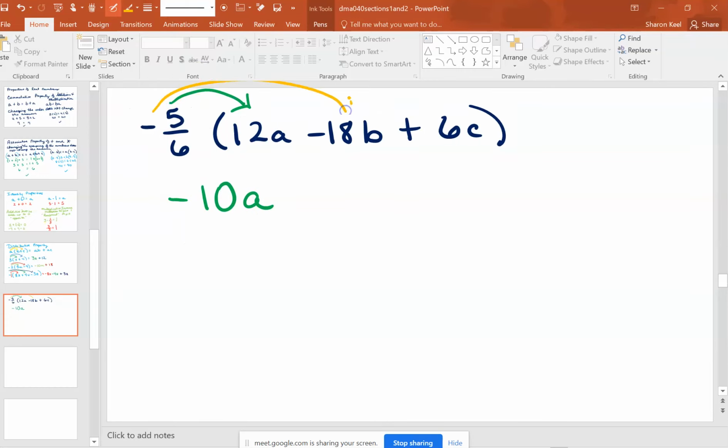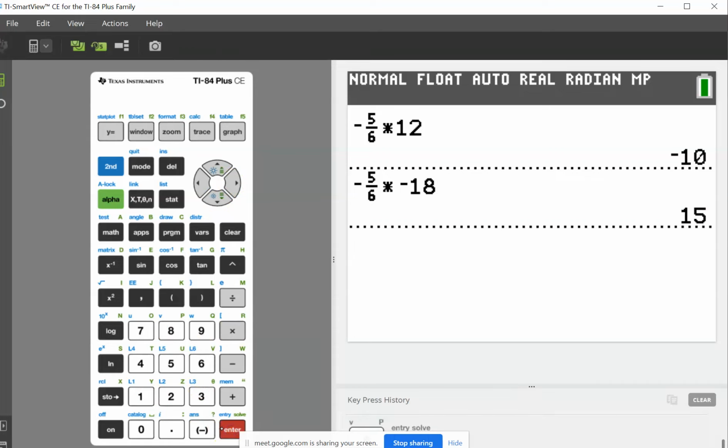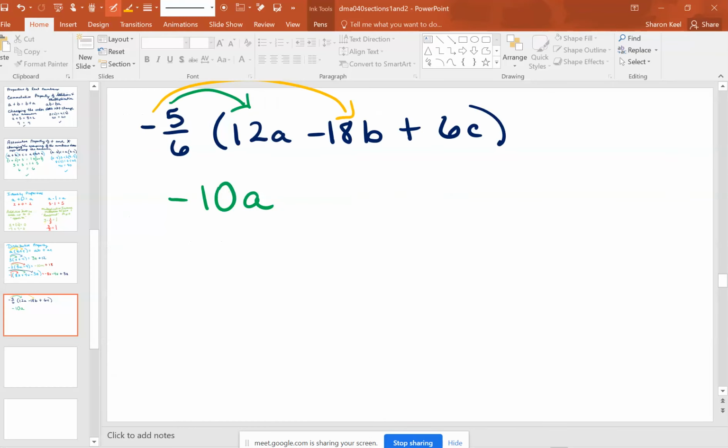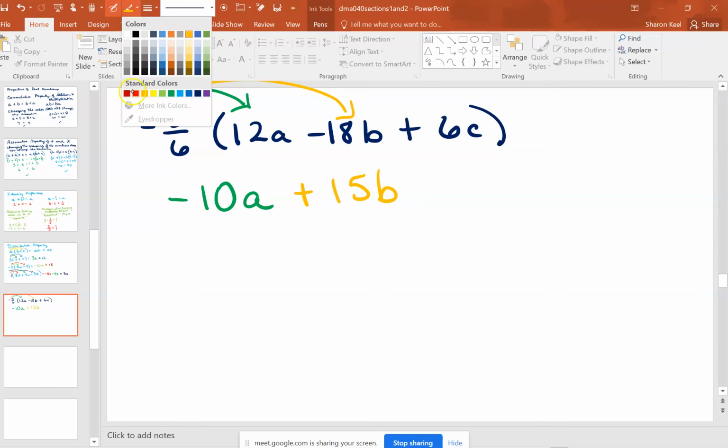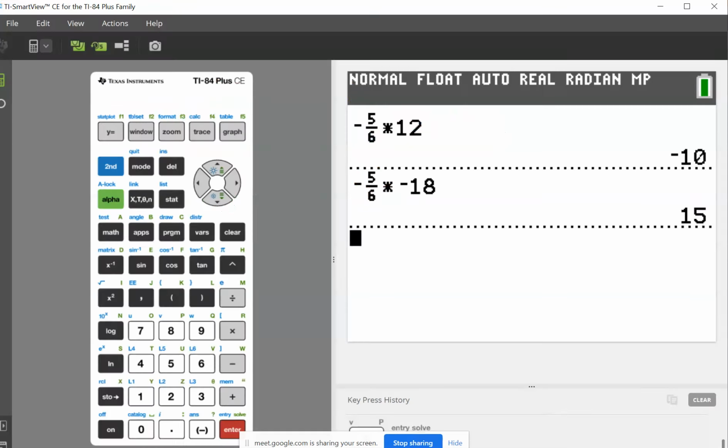Then I'm going to do negative 5/6 times negative 18b. So that will be negative 5/6 times negative 18. That gives me a positive 15. So that's going to be plus 15b. And then last, negative 5/6 times 6.